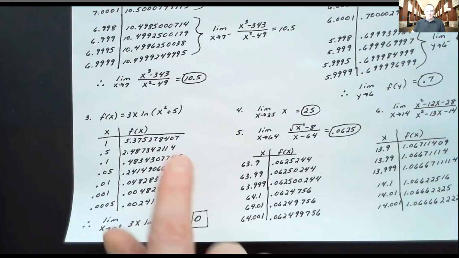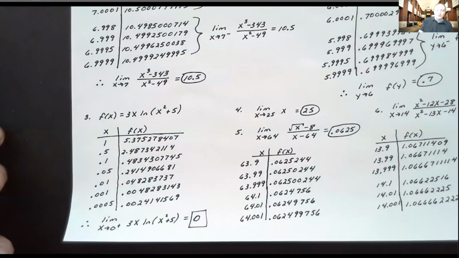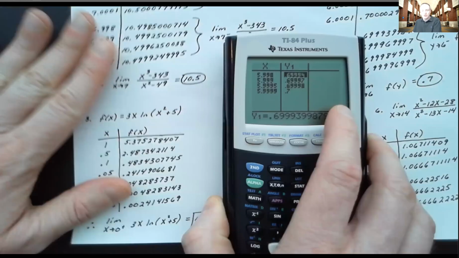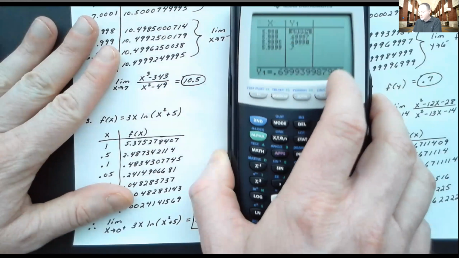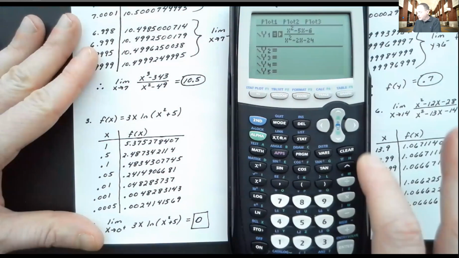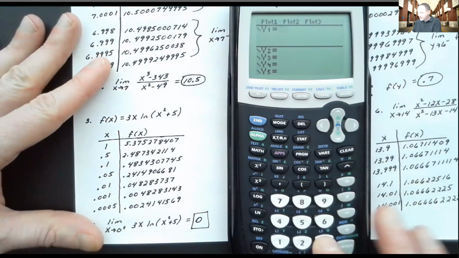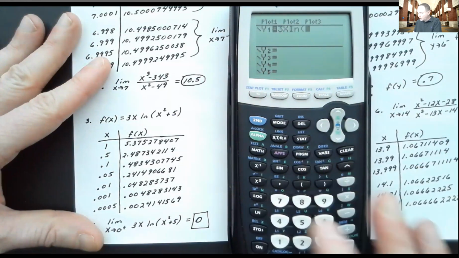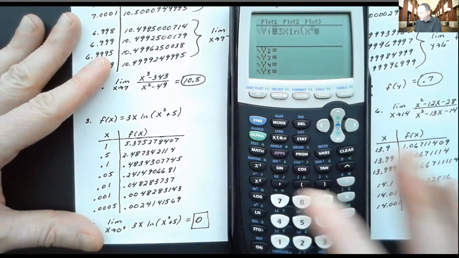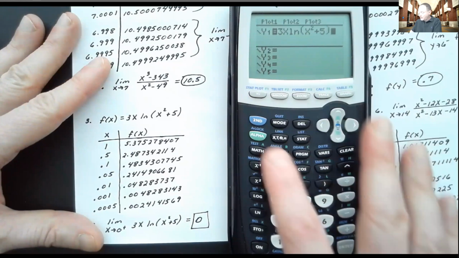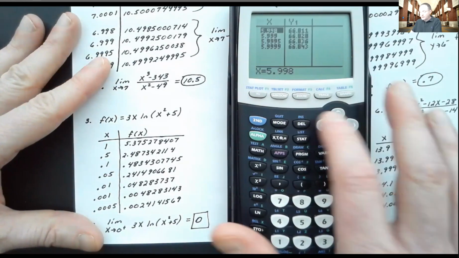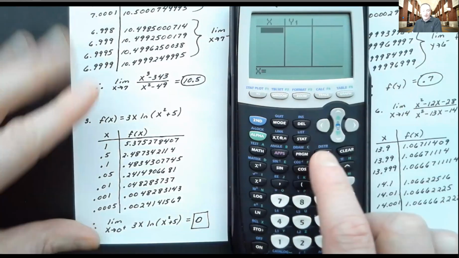The next one here gave me a logarithmic function multiplying an algebraic function. I'll go ahead and show that real quick here. We go into y equals, I'll clear that out and say it's 3x natural log of x squared plus 5. Then I'll go to my table, delete those values out.